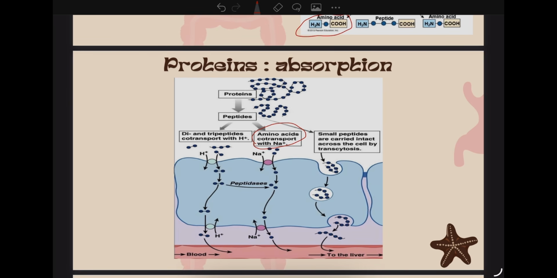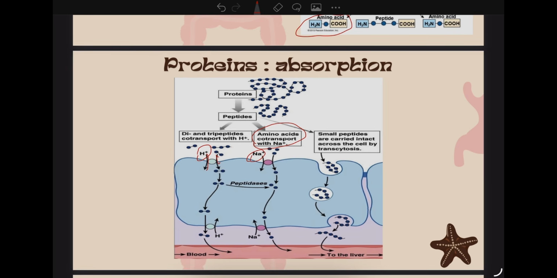Okay? So always the simple stuff, glucose, galactose, amino acids, will use these Na or sodium co-transporters. Now for di and tripeptides, they will go into the cell the same way, but instead of sodium, it's H+. Easy to remember.